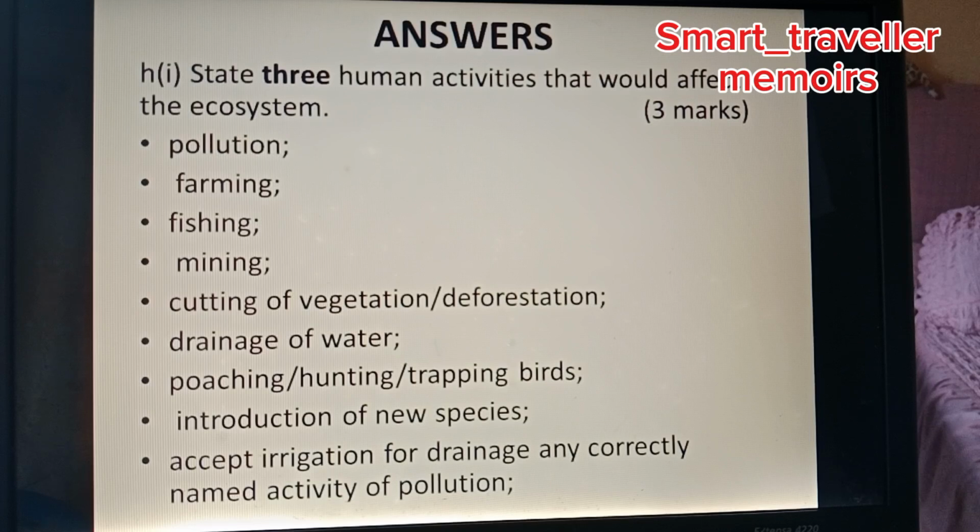Accept irrigation for drainage, any correctly named activity of pollution for pollution.